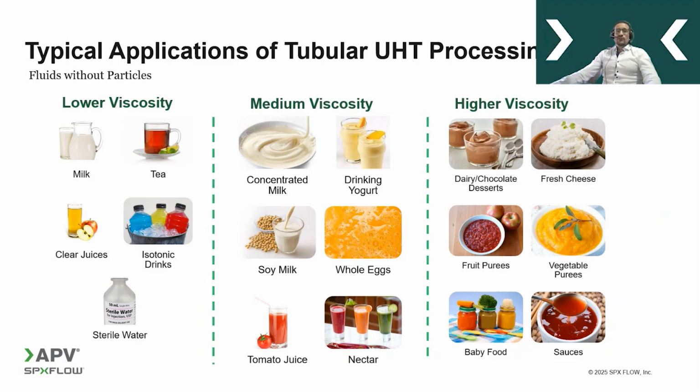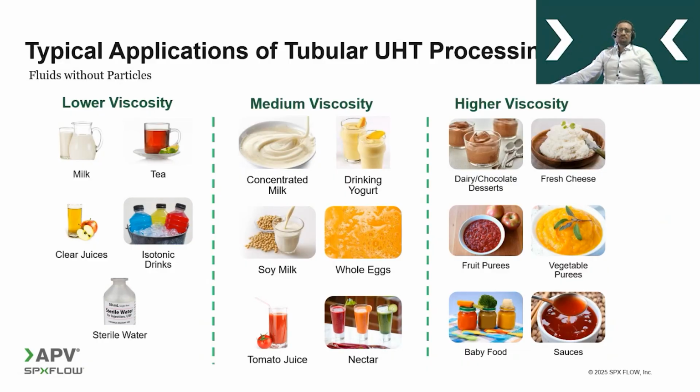The third category is fluids with unbending particles, where the particle integrity is not important. And finally, fluids with unbending particles, where the particle integrity is important. On top of that, for each category, we have classified all of those applications depending on the viscosity level, and that is lower, medium, and high viscosity.